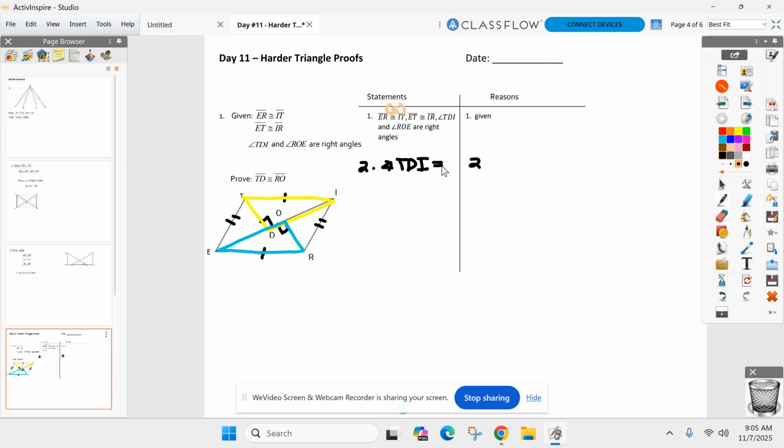Those two angles I gave you as right angles should be congruent to each other. And hey, maybe I'm overhyping this, guys. We're already at step 2, and we already have 2 pairs out of the 3 we need. It's not as bad as I actually made it out to be.